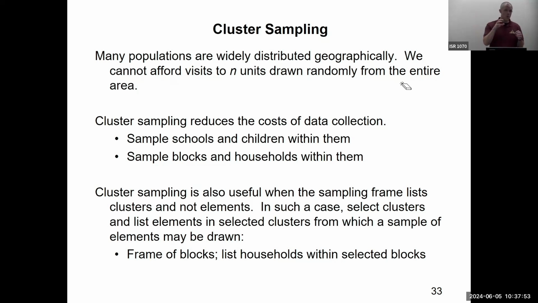So instead, we randomly sample clusters and then we send our staff to those particular clusters to do the data collection, like we talked about with N. Haynes on Monday. Okay? So primarily, cluster sampling is done to reduce the cost of data collection. So you could sample schools and sample children within the schools. You could sample blocks or neighborhoods and then sample households within those blocks.